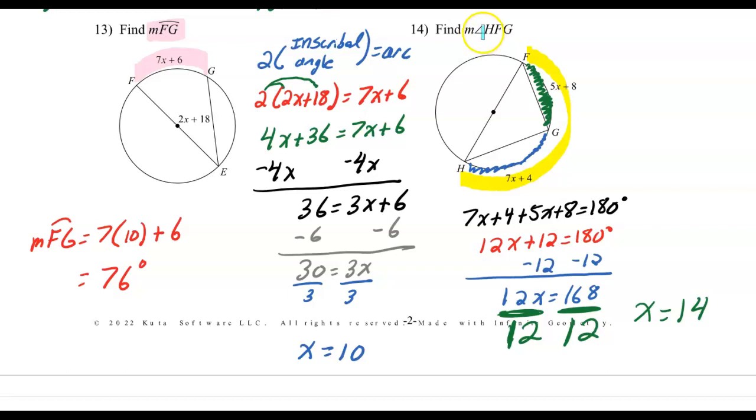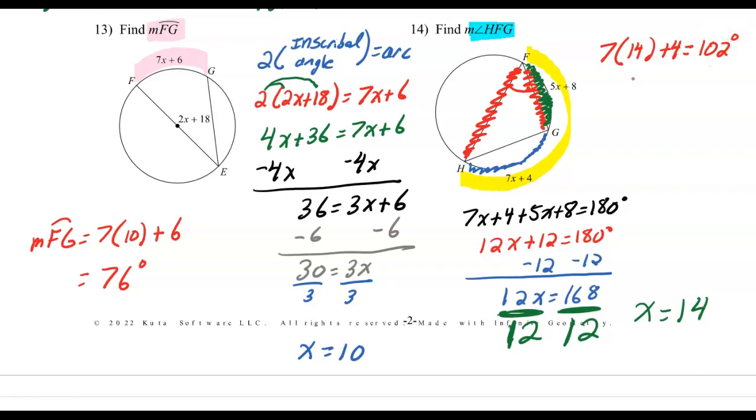Now for this problem, I want angle HFG. So angle HFG is the red angle here that I'm highlighting. So first I'm going to calculate the blue arc. So 7 times 14 plus 4 is 102.